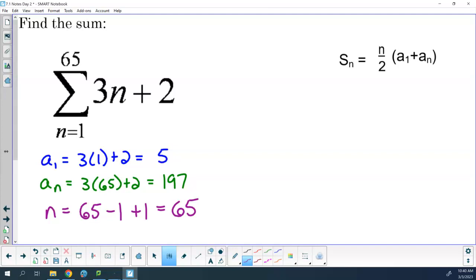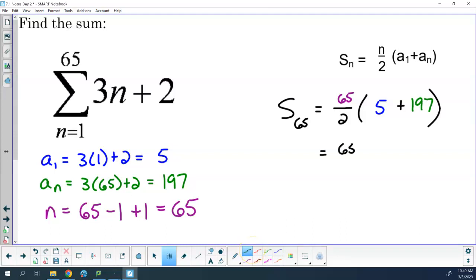Now I can go to my sum formula. 65 divided by 2 is literally 65 divided by 2. 5 plus 197 is 202.